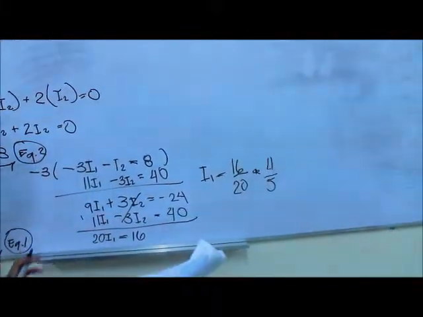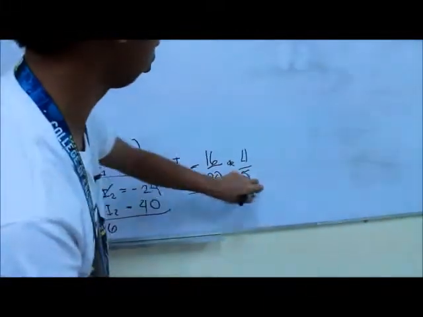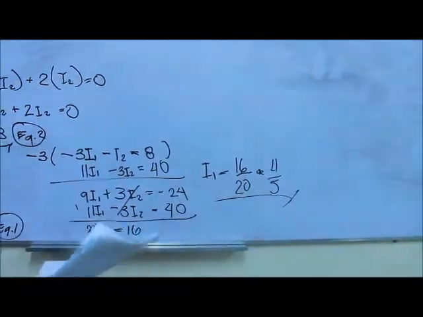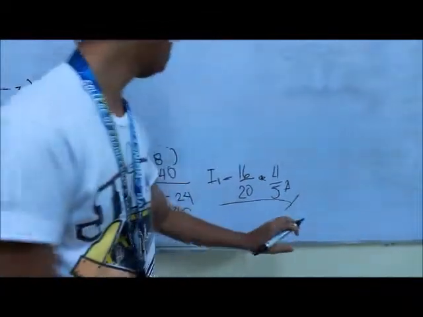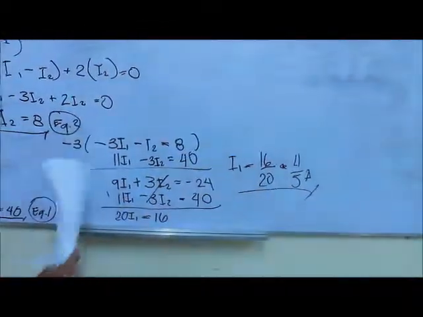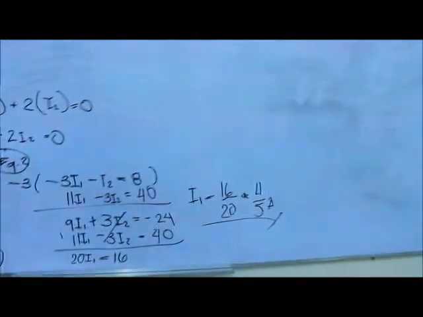So to get the I2, we just need to copy the I1 and put it in equation 1.